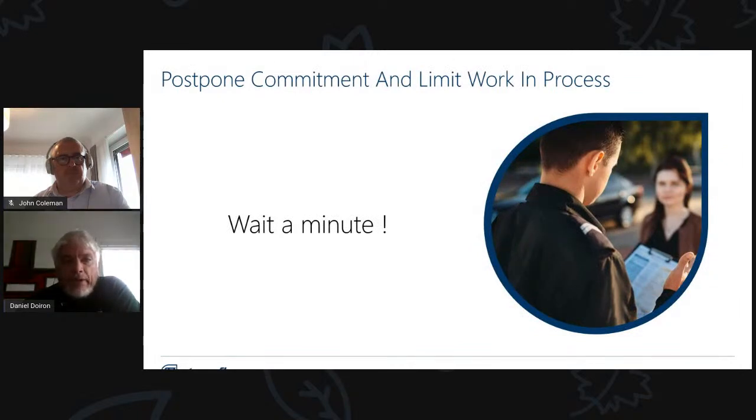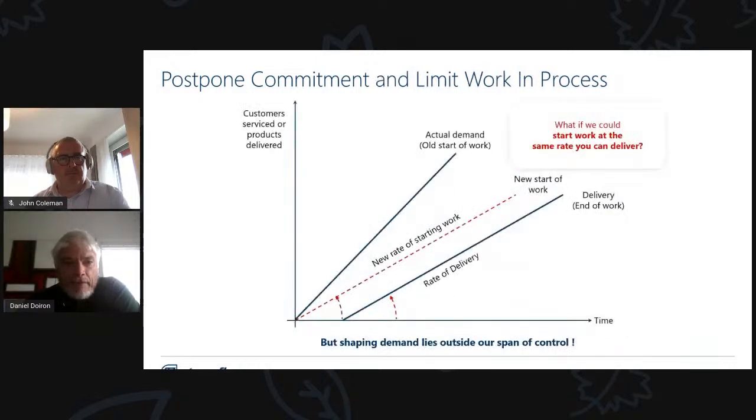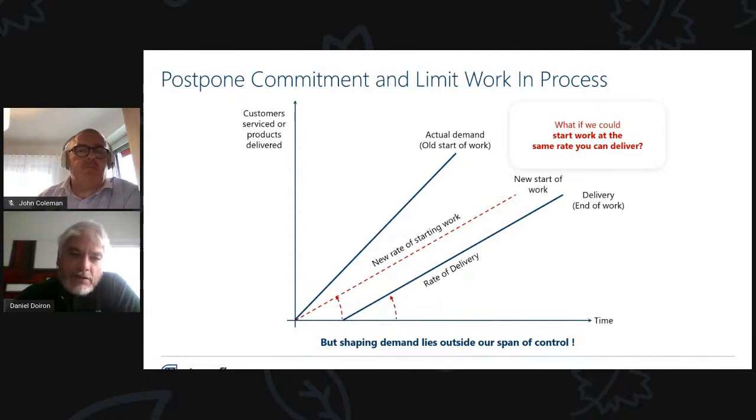So what about postponing commitment and limiting work and process? Now, what if I were to tell you that we can shape demand, have a new rate of starting work, and that you could deliver at the same time?